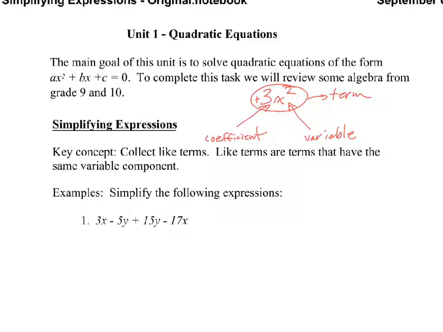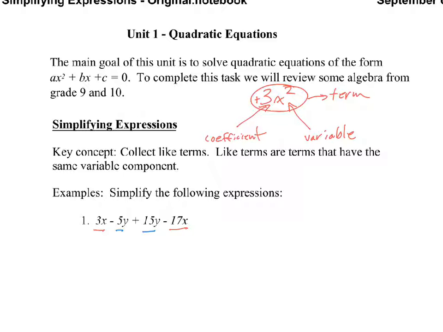So let's go over these examples that we have here. For this one, we have 3x minus 5y plus 15y minus 17x. We're going to take a look at this thing called collecting like terms. Like terms are any variables that are exactly the same. In this case, we have 3x and negative 17x as the same type of term, so we can add them together.